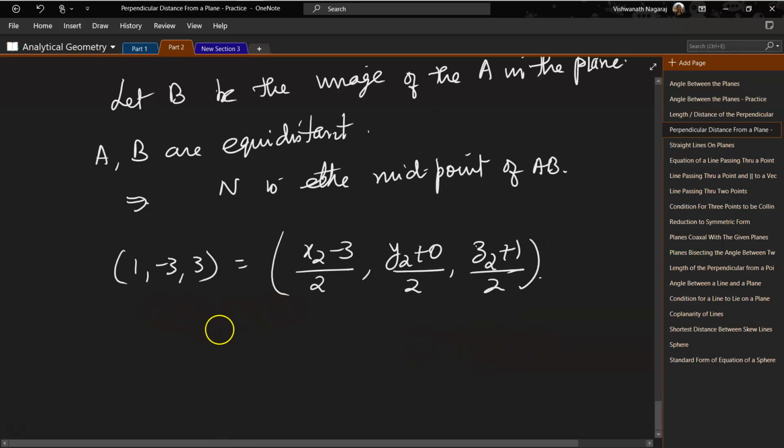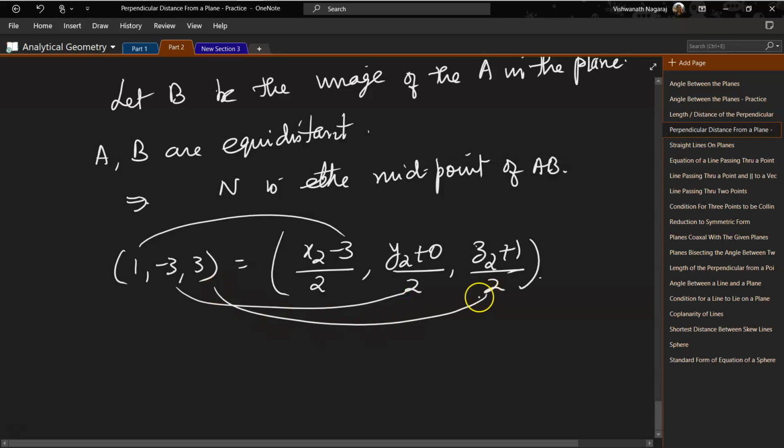So let's equate the coordinates. (x2 minus 3) by 2 equal to 1, which implies x2 minus 3 equal to 2, which implies x2 is equal to 5.